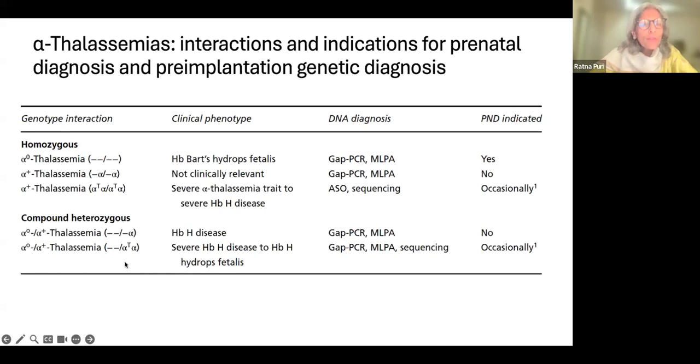The most severe form is this, where none of the genes are working. This usually presents with hydrops fetalis, whereas the less severe form is hemoglobin H disease, which presents postnatally, after birth or in the first, second months of life, where 3 of the 4 genes are not functional. Whereas the other situations, where 2 genes are functional or 3 genes are functional, are not a disease state.